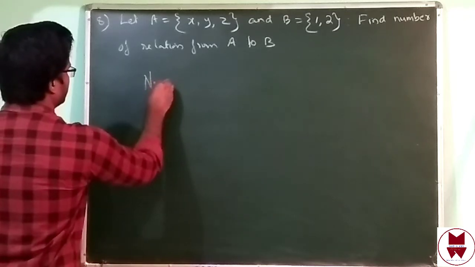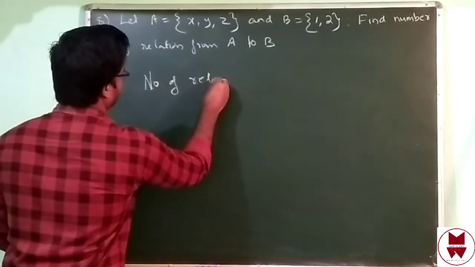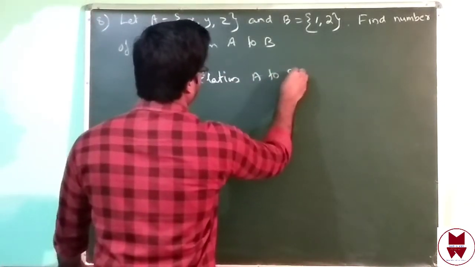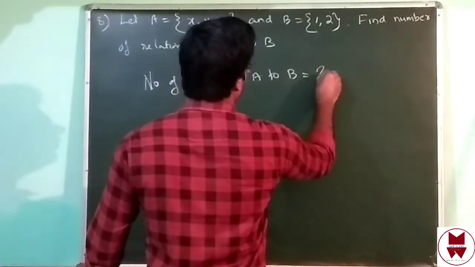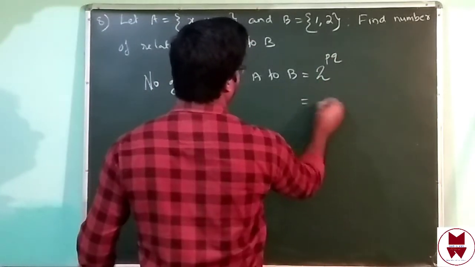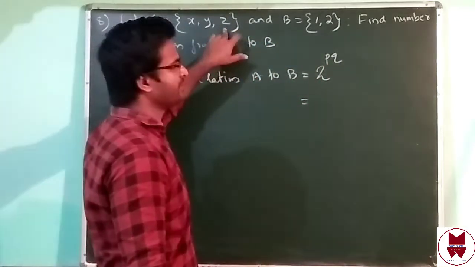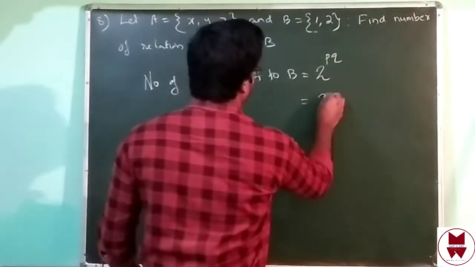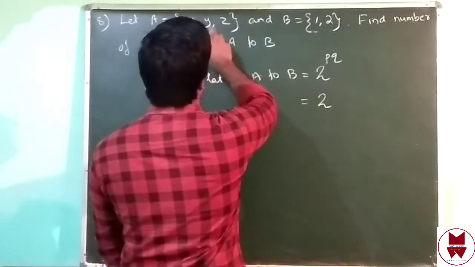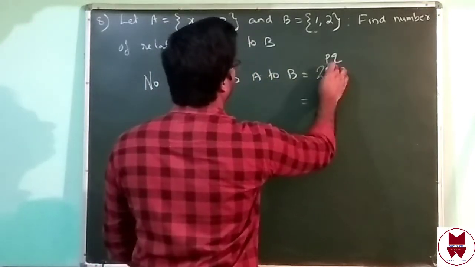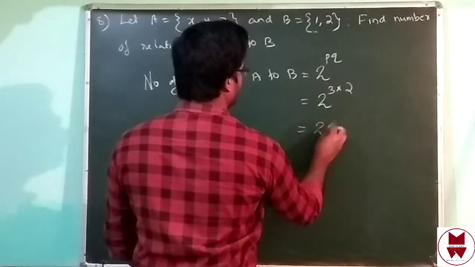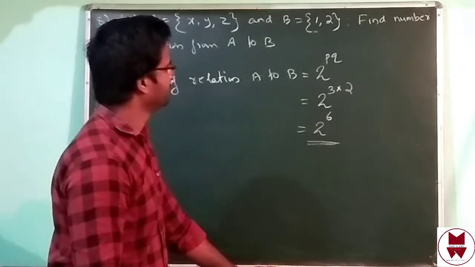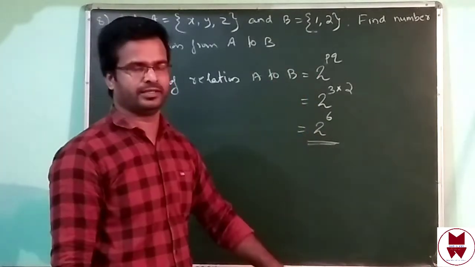Then we will use one formula: number of relations from A to B equals 2 raised to P into Q. Here P means the number of elements in A, Q means the number of elements in B. 2 raised to P, P is 3, into Q, Q is 2. 2 raised to 3 into 2, that is 2 to the 6. This many relations we can make using this A and B.